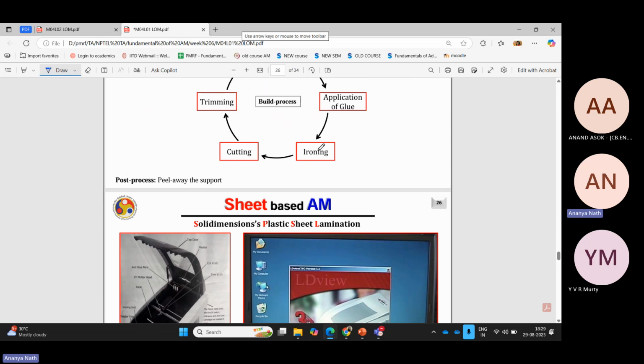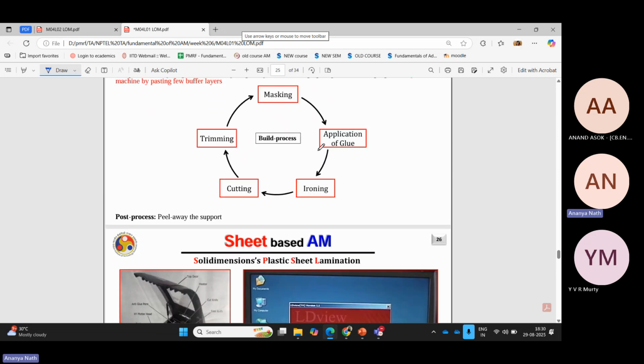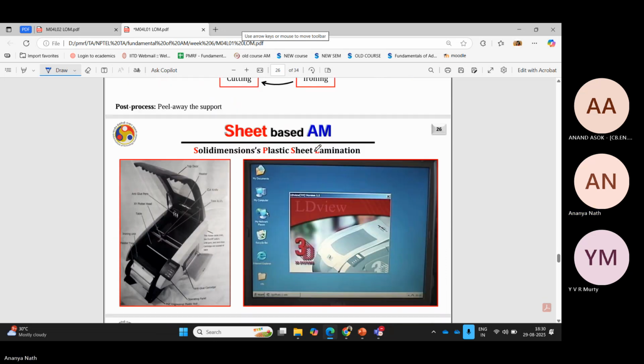Ironing is nothing but putting a roller onto it so that the glue can be spread uniformly over the paper, and the paper, or the plastic, can be glued together uniformly with each other. The layers can be uniformly thick and joined properly from all over the build plate.